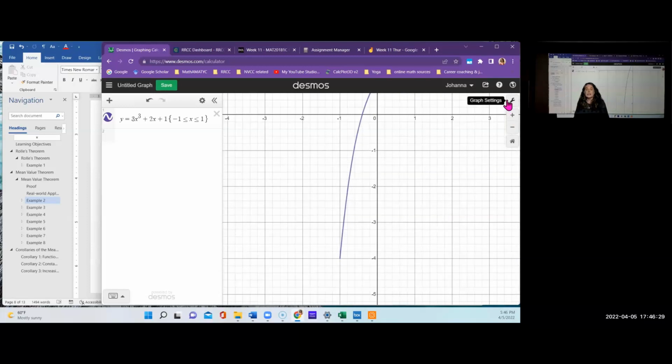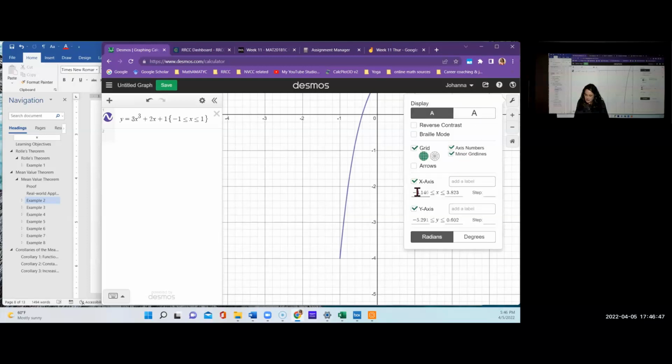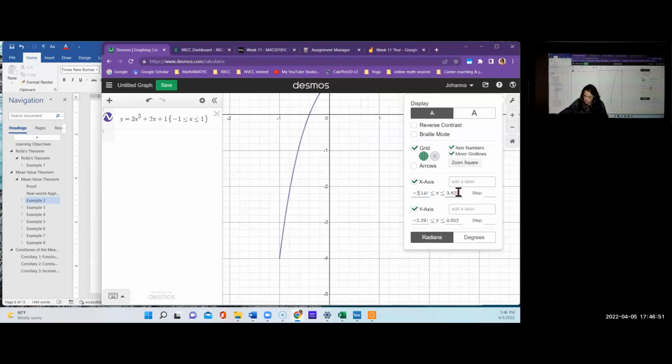Now you can leave the scale 1 to 1, but it makes it harder to draw. When you draw it, you can change the scale. It won't change the result. You will still be able to find where the slope of the tangent line is equal to the slope of the secant line. So I'm going to change my scale and make my scale for x go between -2 and about 2.